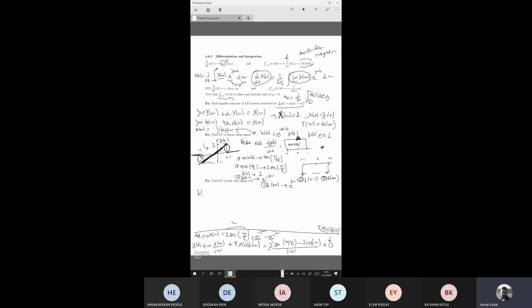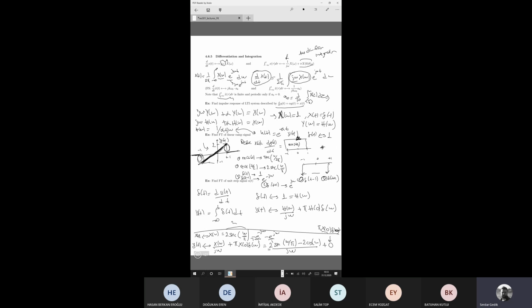So it is simple. I know that delta t is nothing but du t by dt. So u t is nothing but the integral of delta t. So delta t has Fourier transform of 1. So this is, let's say, h of omega. U t has Fourier transform of h of omega over j omega plus pi h of 0 delta omega.